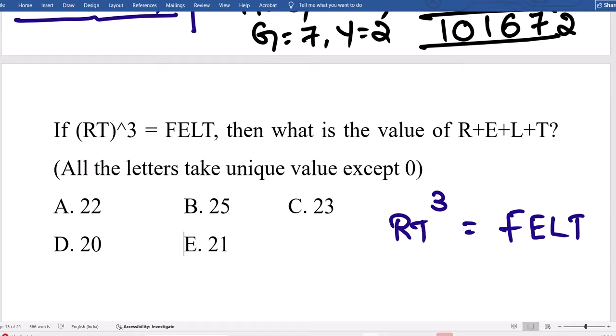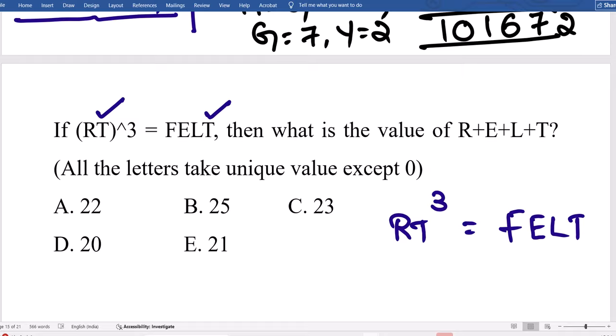What is F plus E plus L, R plus E plus L plus T? It's very simple. During power 3, units place must be same. What is 3 cube? 27, units place 7. Here 3 is generated units place 7, not matching. But here, this is the condition. You can see here T, here also T.